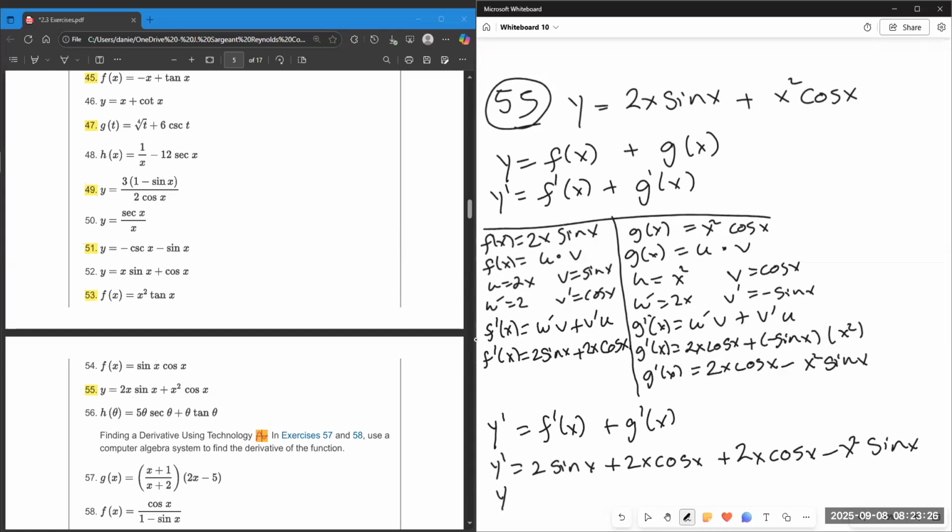So y prime is equal to 2 sine of x. 2x plus 2x is 4x. Cosine of x minus x squared sine of x. And that'll complete this video.